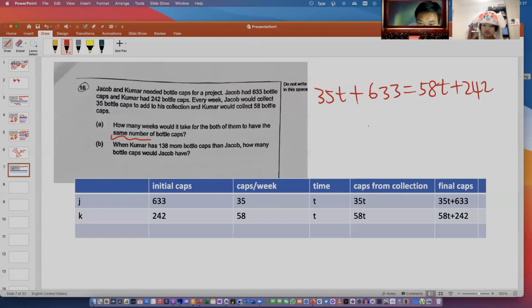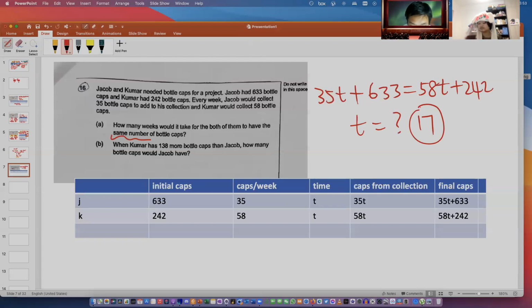Can you tell me what is T? T is 17. Good. So after 17 weeks, both of them will reach the same number of caps.